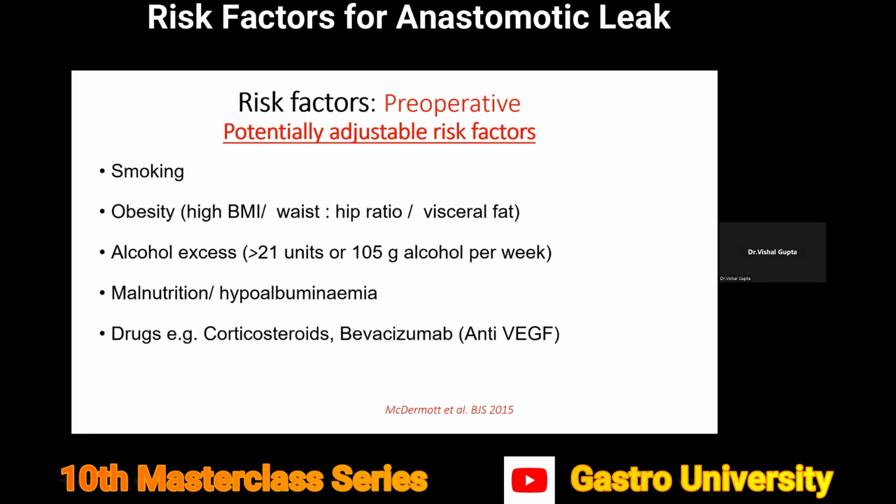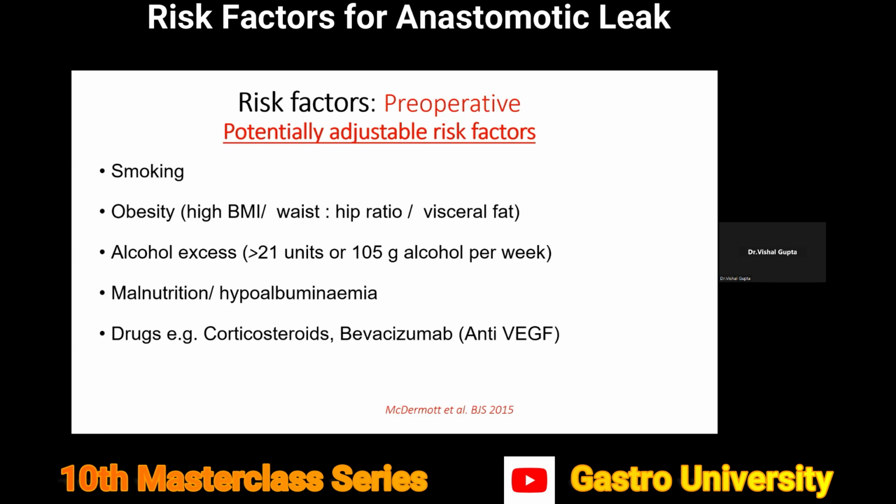Then we can have some potentially adjustable risk factors. These are some modifiable preoperative risk factors, like smoking and obesity. It is not just high BMI; visceral obesity is also associated with a higher risk. Then alcohol consumption, malnutrition, and hypolipidemia. This is a traditional risk factor.